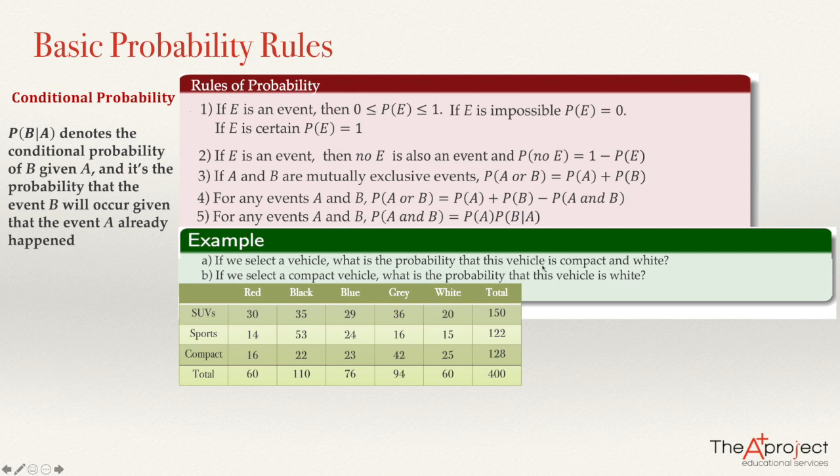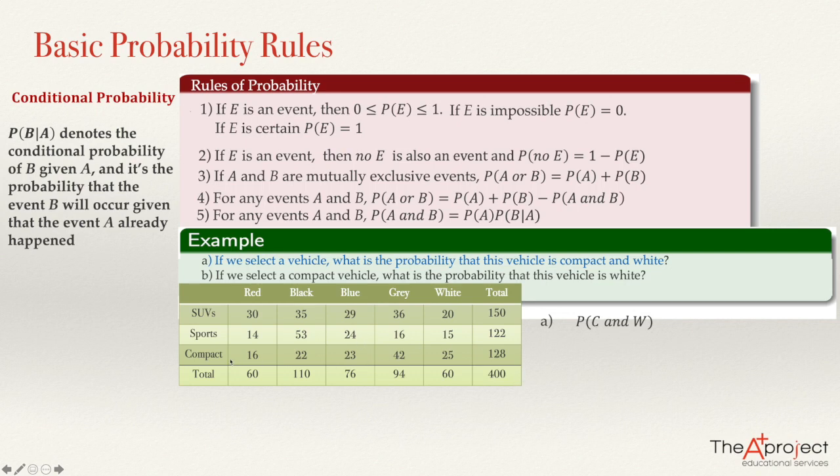Let's find the first one, that is easy. What is the probability that this vehicle is compact and wide? So in this case, we are selecting a vehicle from all of these 400 vehicles. So we are selecting one of them. And we are finding the probability of it being compact and wide. And in this case, what we have is the probability of C and W. So we need to find, of these 400 vehicles, which are at the same time compact and wide.